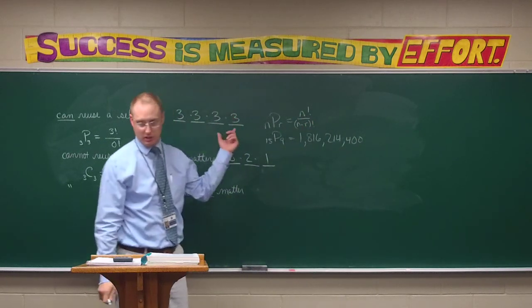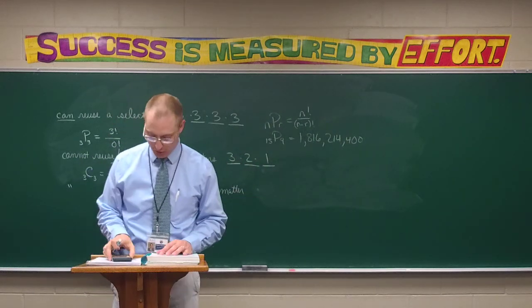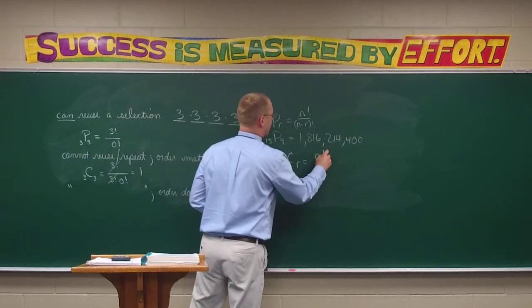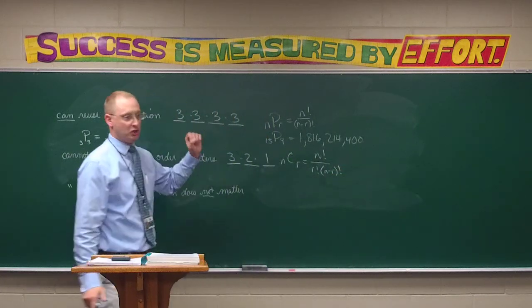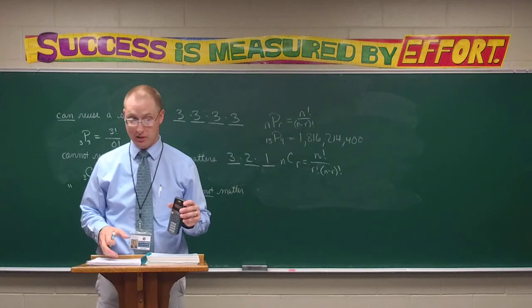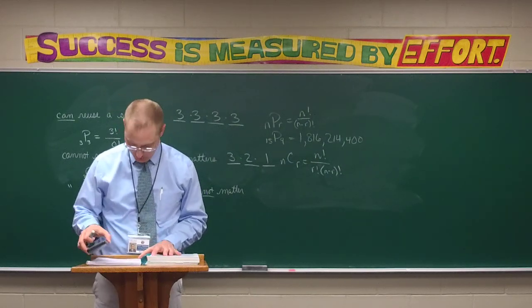But you don't have to do it by hand because your calculator is going to do it for you. If it's a combination, again, you need to know nCr is n factorial over r factorial times n minus r factorial, but you don't actually have to do it anymore. We've got a shortcut, as long as you have your scientific calculator. If you have a normal boring calculator, heaven help you.